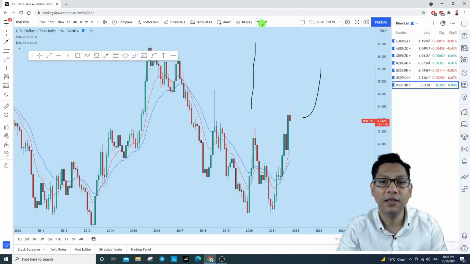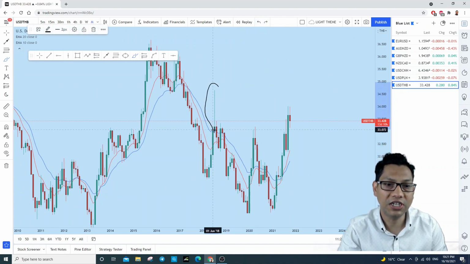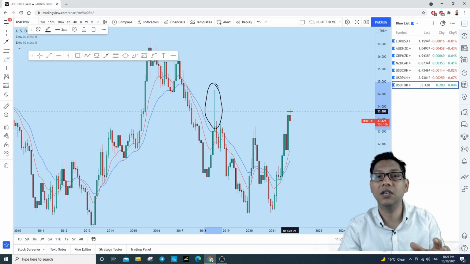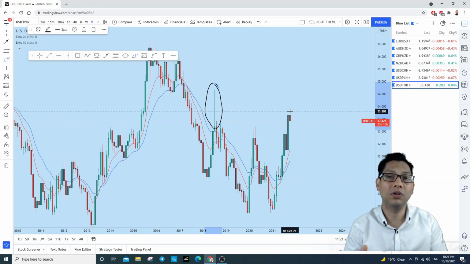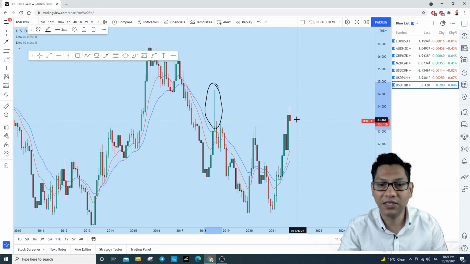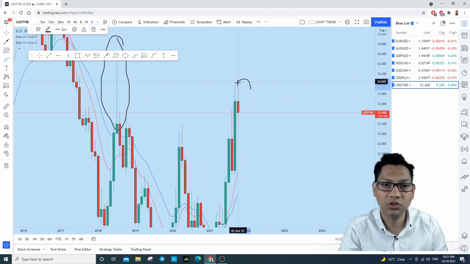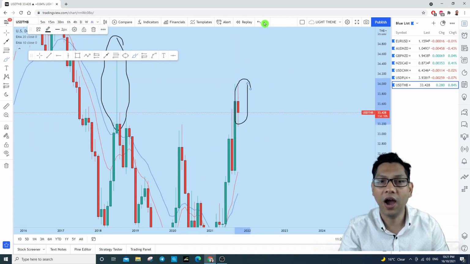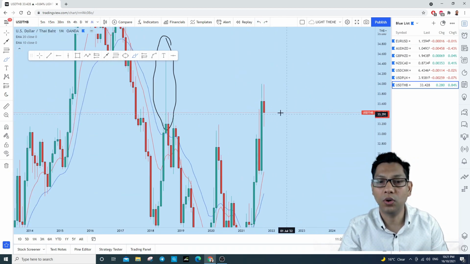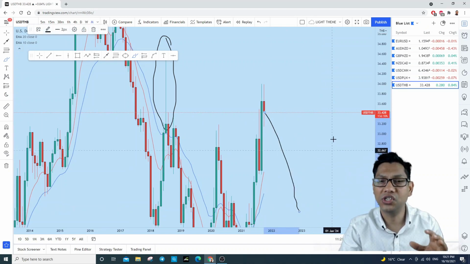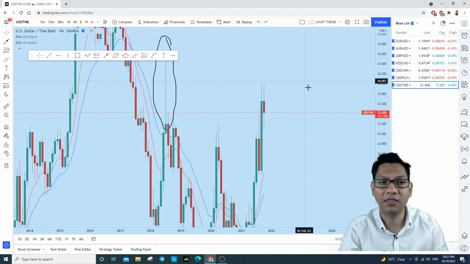So because there is a strong rejection in this area, that means this zone has strong sellers, and as you can see the price started to move down, and even in this current month the buyers couldn't create any new higher high so far. So what we can expect from here is a significant drop on the monthly time frame.